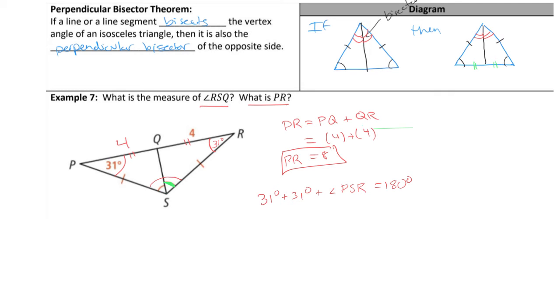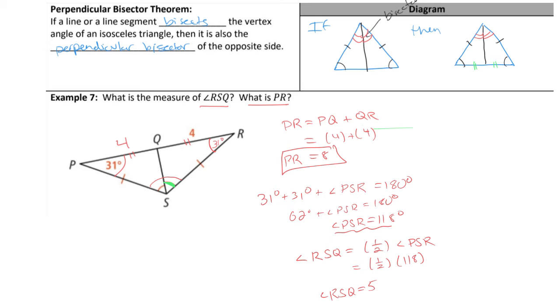So we get 62 plus PSR is equal to 180. So angle PSR is equal to 118 degrees. And we're trying to find angle RSQ, which is equal to 1/2 of angle PSR. So 1/2 of 118. So angle RSQ is equal to 59 degrees.